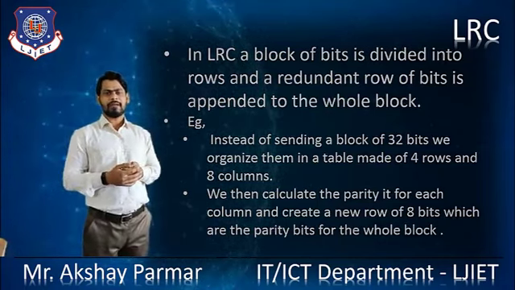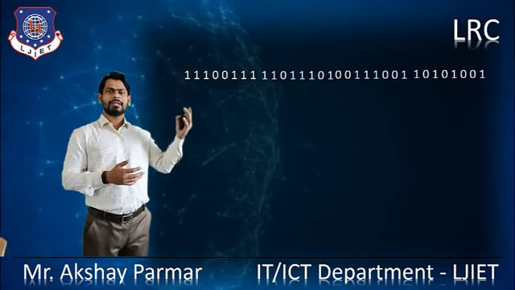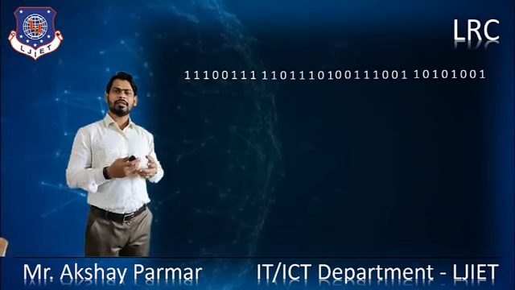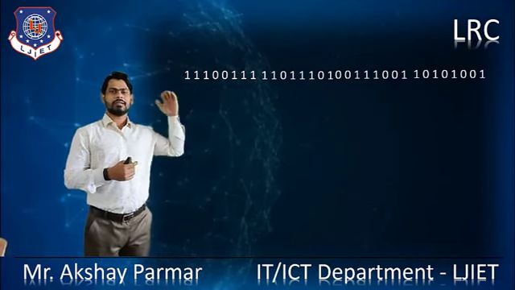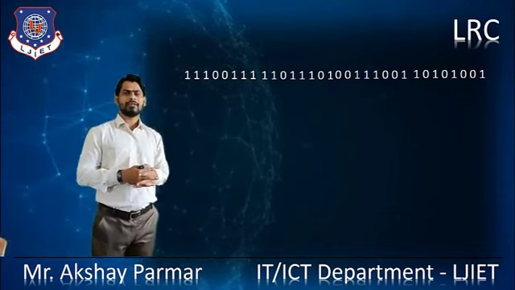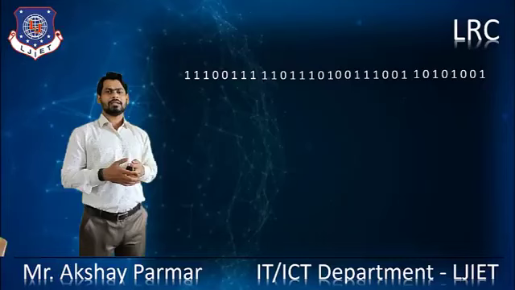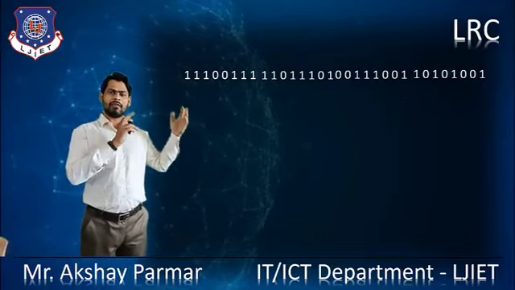Let's see it with one example. Let's take a bit sequence, 11100, 1111110 and so on. This is our bit sequence, which has a length of 32 bits. We divide that 32-bit sequence into chunks of 8 bits.